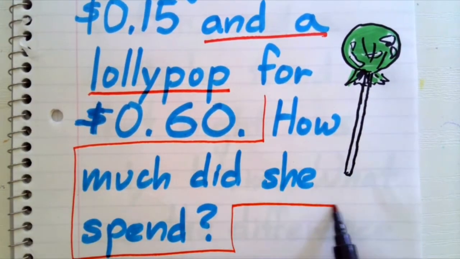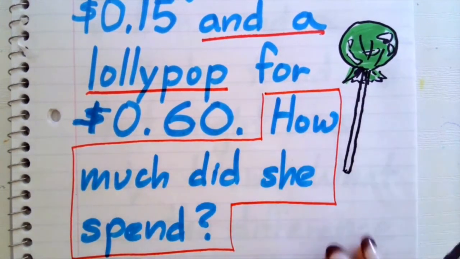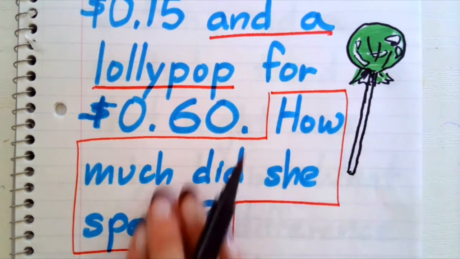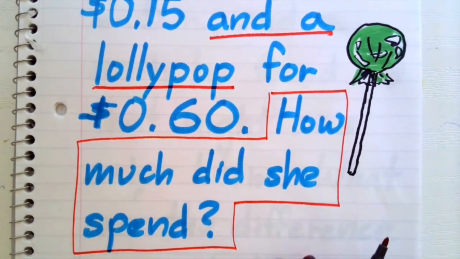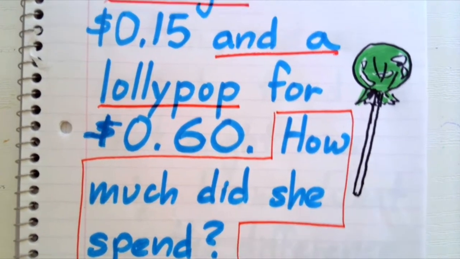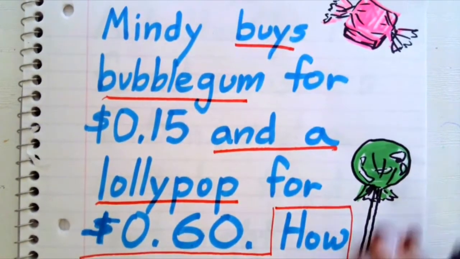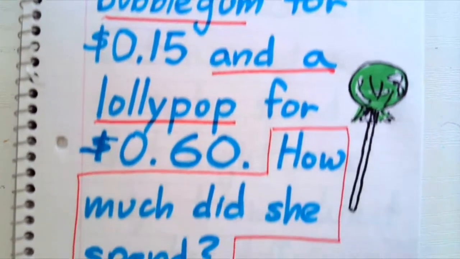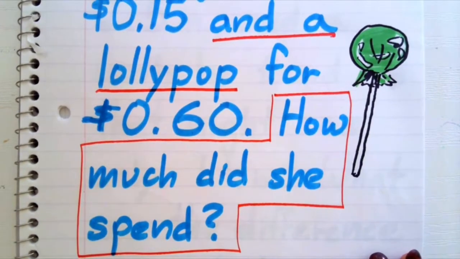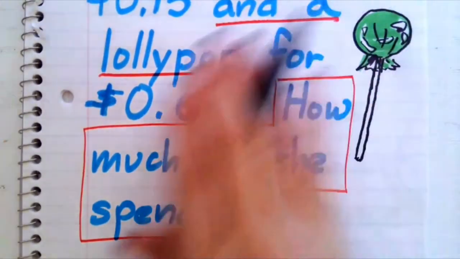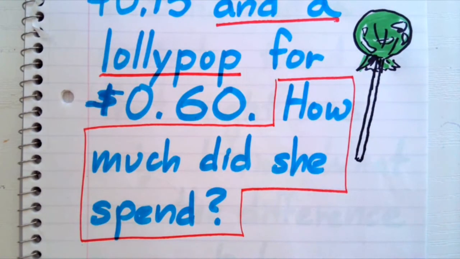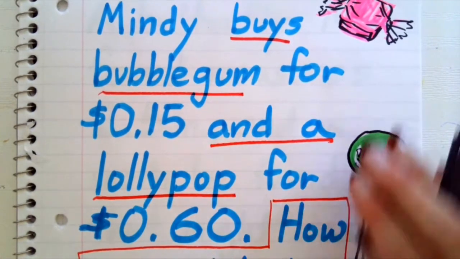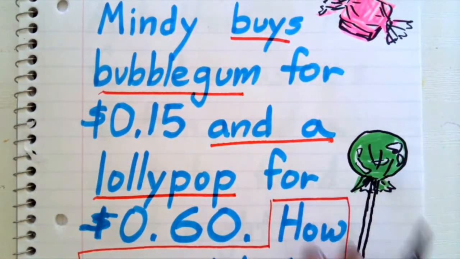This question here at the bottom is the one we are trying to answer. How much did she spend? In your own words, what does that mean? Right, that means how much money she spent all together on the bubble gum and the lollipop. So if we are finding out how much she spent all together, what kind of math will that be? Right, we're going to be adding those two amounts.